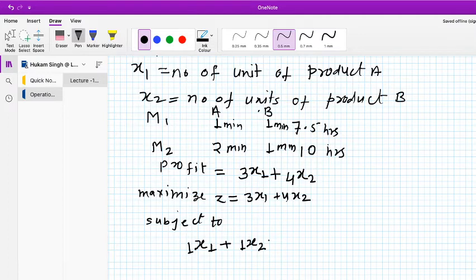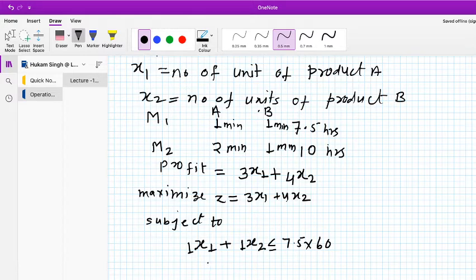So this is the total time taken by x1 and x2 on machine M1, and the total available time is 7.5 hours. So this total time should be less than or equal to 7.5 multiplied by 60.